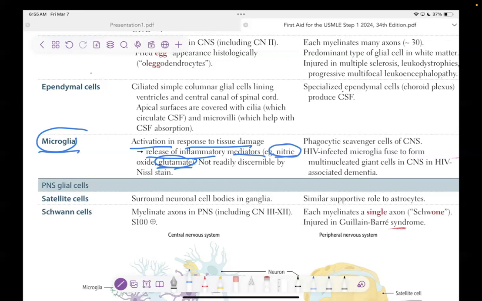For inflammation, we need vasodilation so that the vessel is large enough for all the cells to come to the area of damage. Why do we need nitric oxide and vasodilation? Because lots of blood supply should come to the area, bringing neutrophils and blood so that the damaged area is helped. That's why we need nitric oxide and glutamate. And glutamate is causing cell excitation, causing action potential.